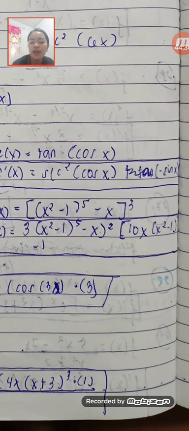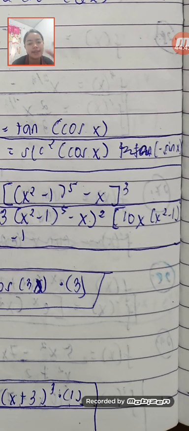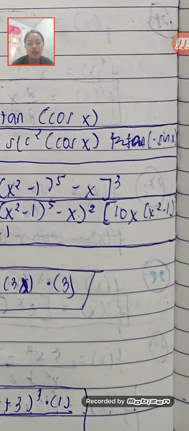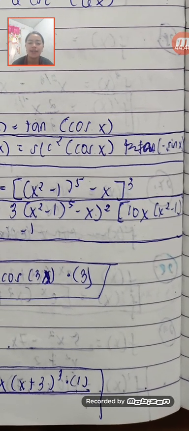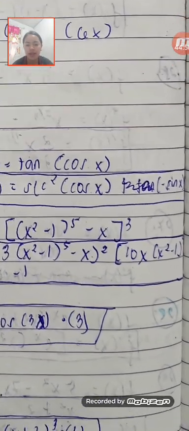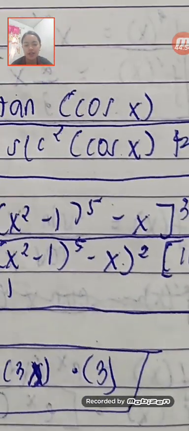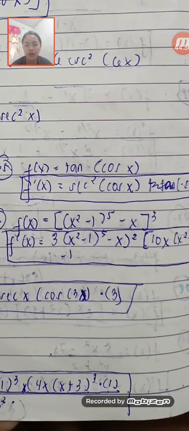Now, the derivative of this one is 2x raised to the power of 5. That's why we come up here with 10x. And we just need to copy the x squared minus 1 and the derivative of x squared minus 1. And since we have here negative x, the derivative of that is negative 1.